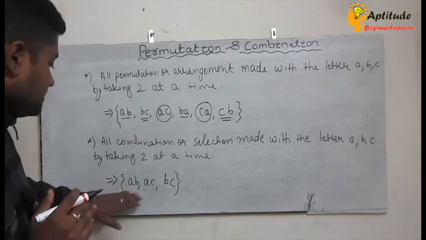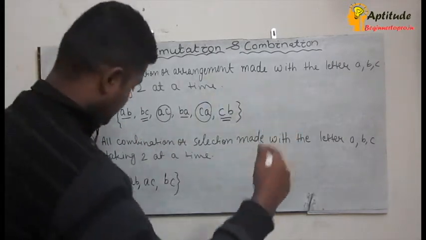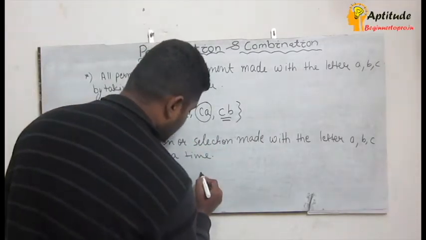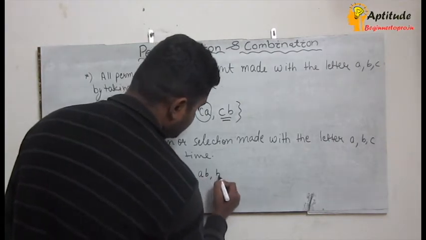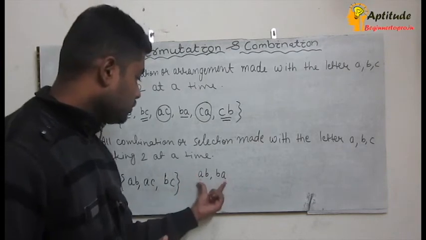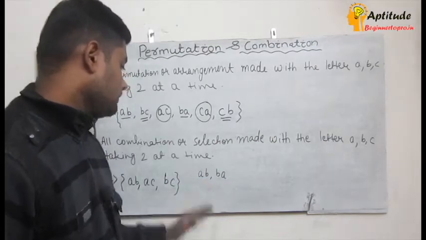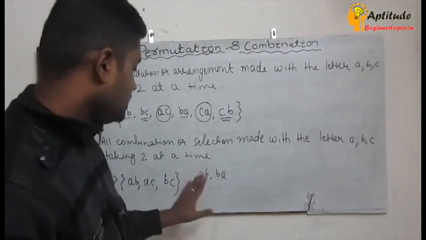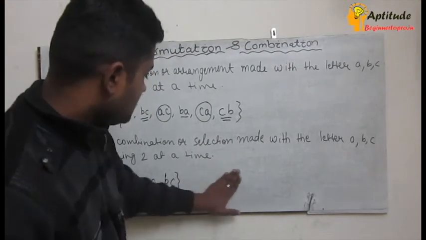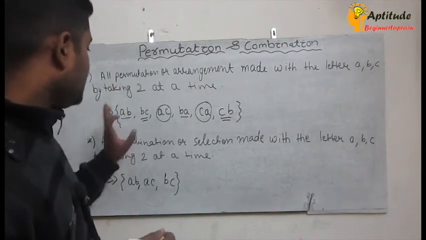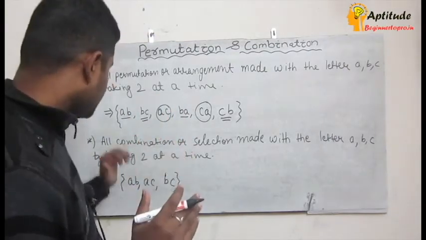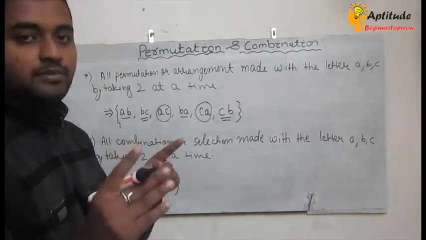But in case of combinations, AB and BA are the same combination, meaning both are the same selection. So we cannot write both together, because both are the same. It is advisable to write only one, either BA or AB. So the basic difference is that in permutations AB and BA are different, but in combinations they are the same.